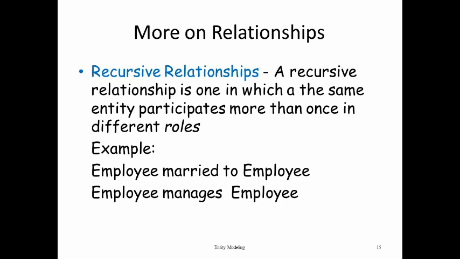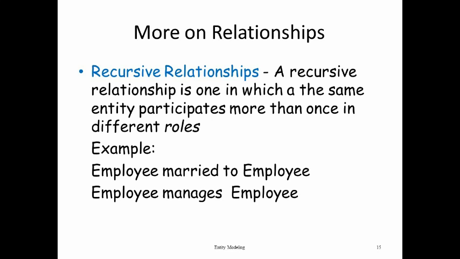Now we can have other relationships, where we have a recursive relationship. For example, we can have an employee who is married to an employee, so they are both employees. How you represent that can be based on the role played by one to the other. We can also have one employee who manages other employees.